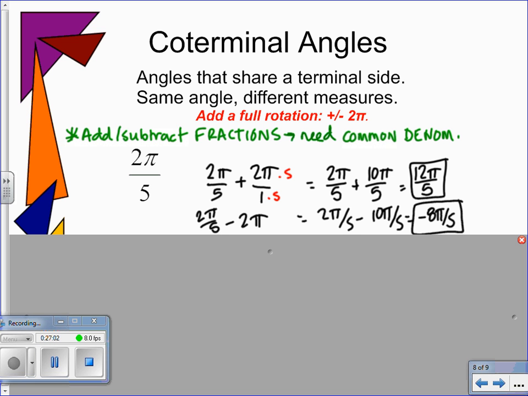Notice I didn't do as much work as I did on the first line because I figured out after the first line that 2 pi was equal to 10 pi over 5. So for that whole problem where I'm working with the denominator of 5, I can replace the 2 pi with 10 pi over 5 if I'm doing coterminal angles. So if I want another coterminal angle, I could just add or subtract another 10 pi over 5. I don't have to worry anymore about calling it 2 pi. Questions about what you see right there?